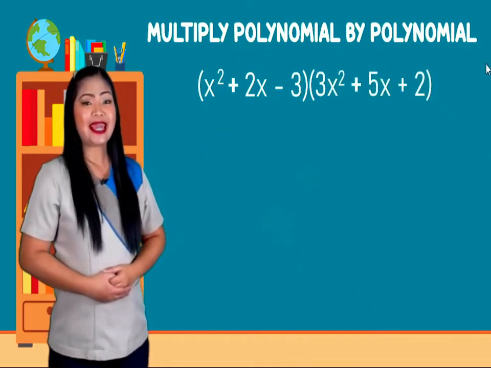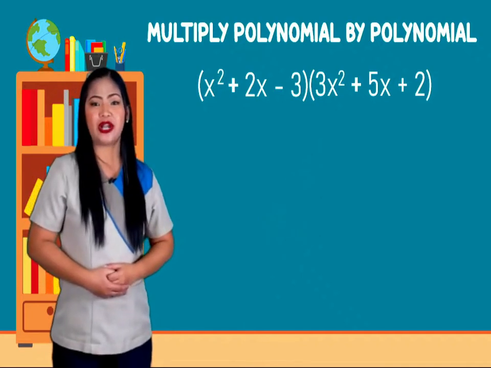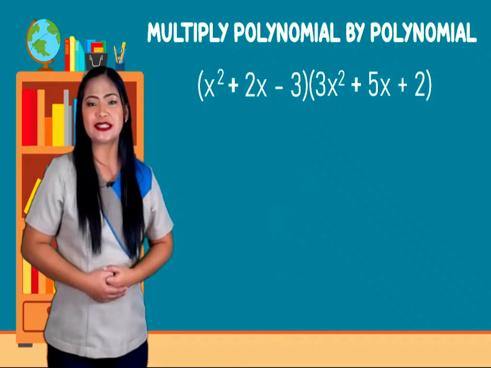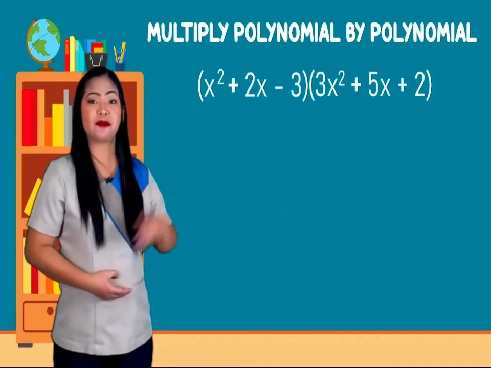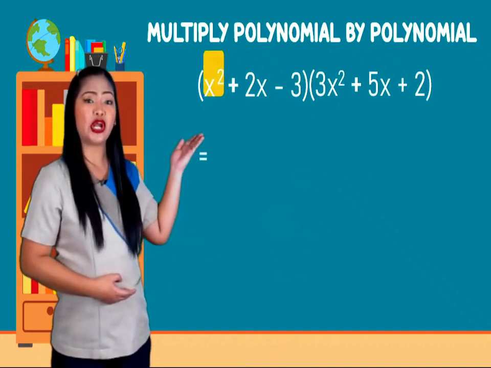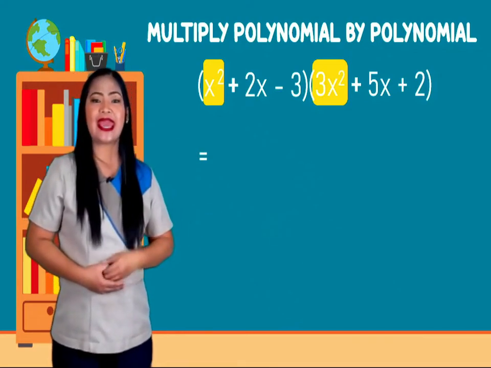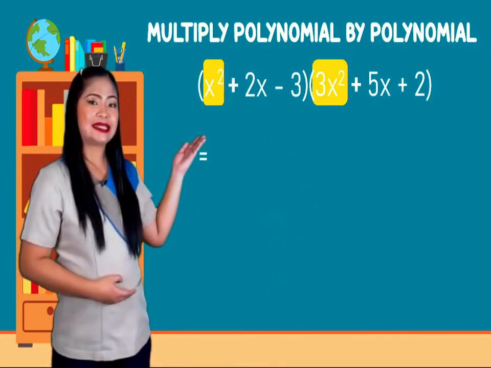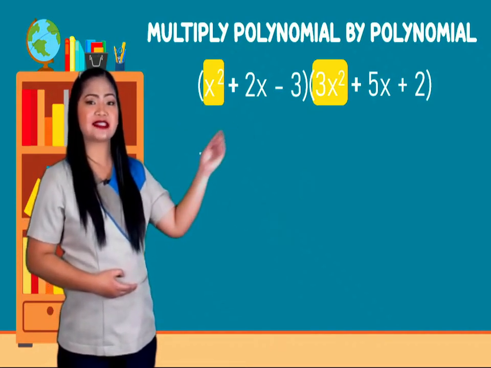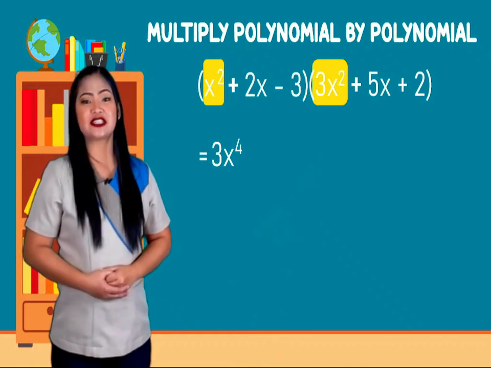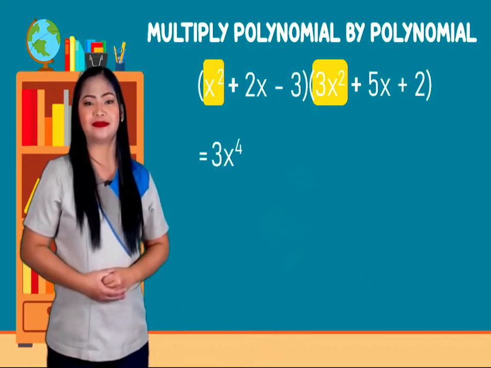times 3x raised to the second power plus 5x plus 2, first, multiply the first term x raised to the second power to each term on the other polynomial, which will be x raised to the second power times 3x raised to the second power is 3x raised to the fourth power.